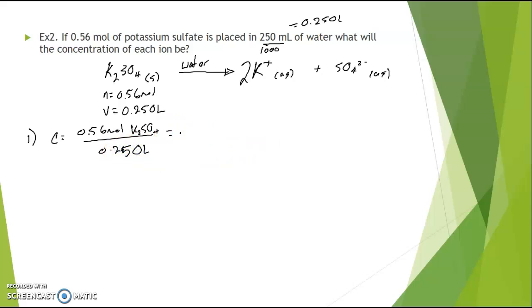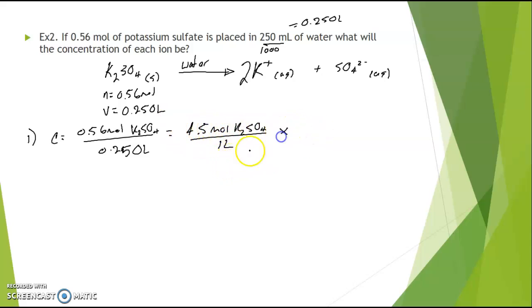And that is going to give us a concentration of 4.5 moles of K2SO4, potassium sulfate, per 1 liter. Our moles are getting rid of our volume here by doing the math, and now we have our 4.5 for every 1 liter, or 4.5 moles per liter.